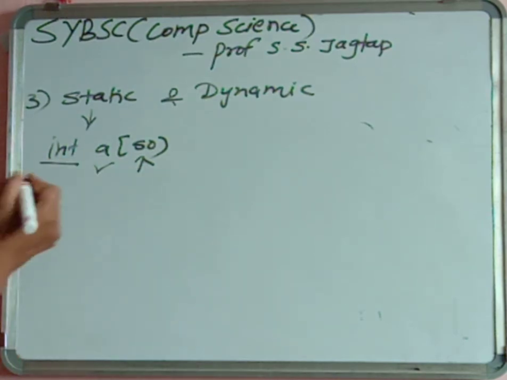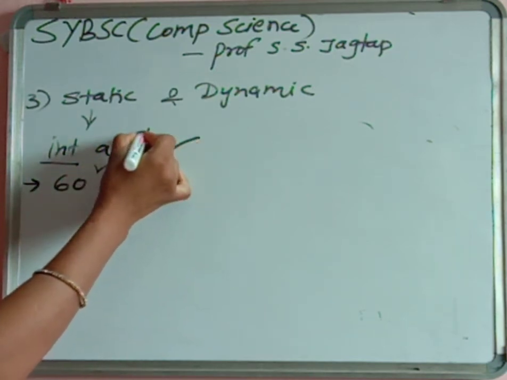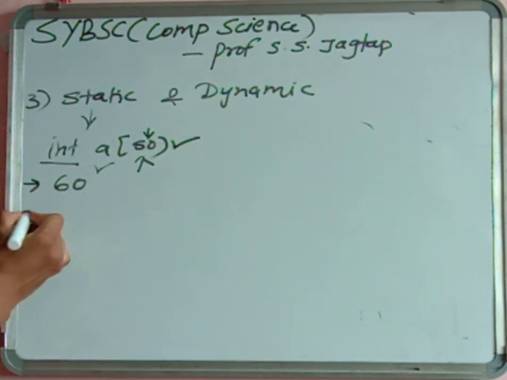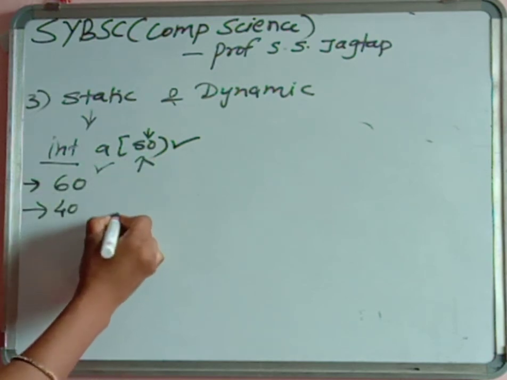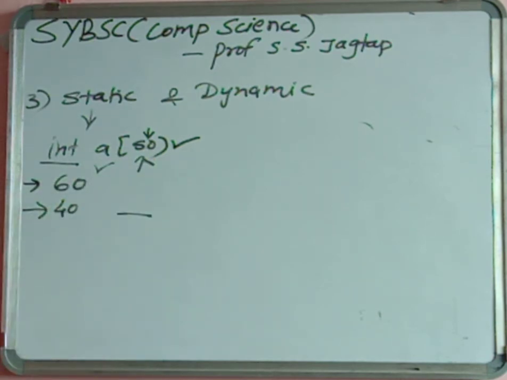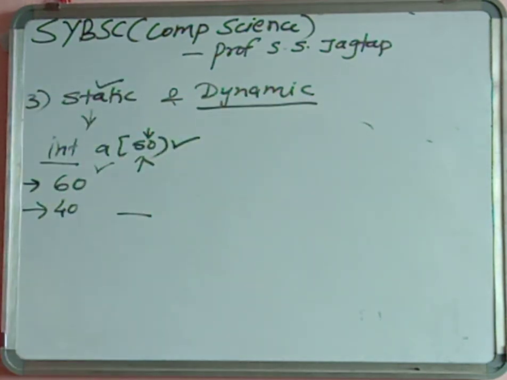But there are some drawbacks, like if I want to insert 60 elements, then there will be an error because I have already declared the size 50. If I use 40 elements in this variable a, then 10 elements are remaining, that is wastage of memory. So to overcome this, we use dynamic data structure.